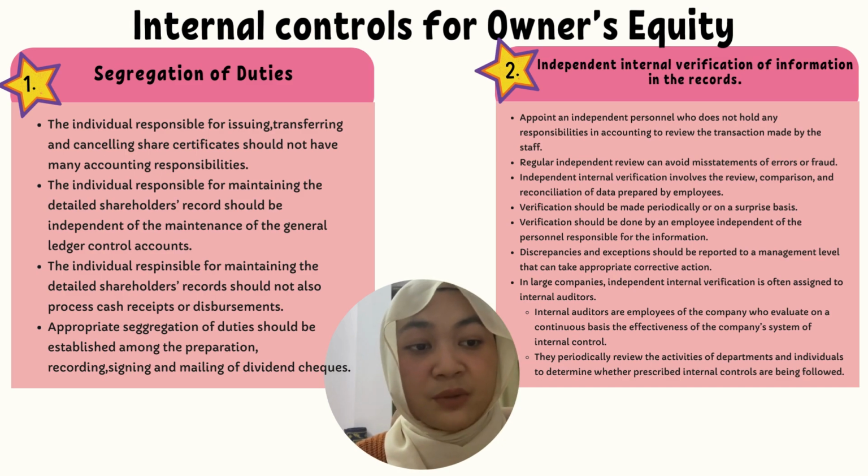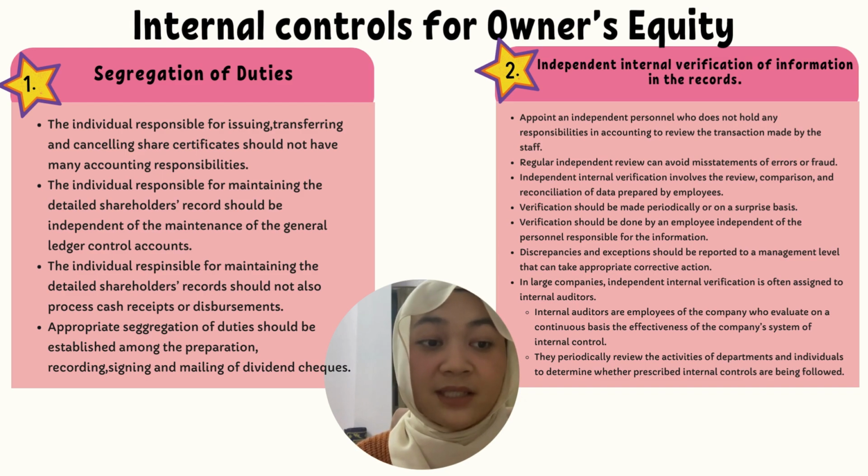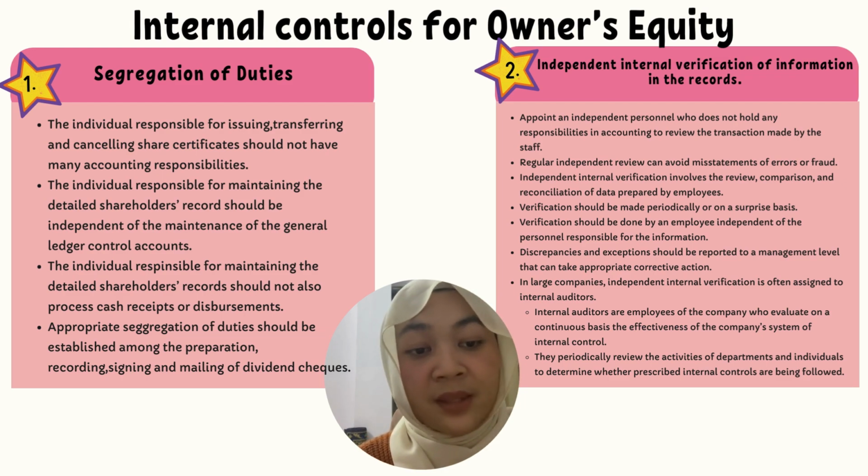Next, the individual responsible for maintaining the detailed shareholders record should be independent of the maintenance of the general ledger control accounts. This separation ensures that the person keeping the detailed records of individual shareholders, such as who owns how many shares, does not also manage the general ledger, where the total number of issued shares is recorded.